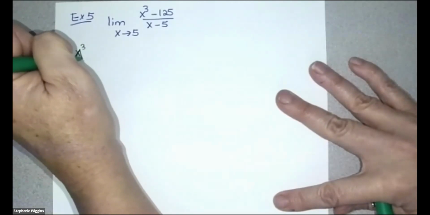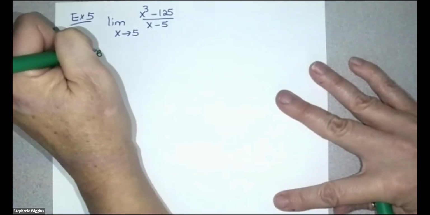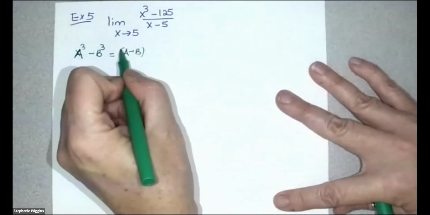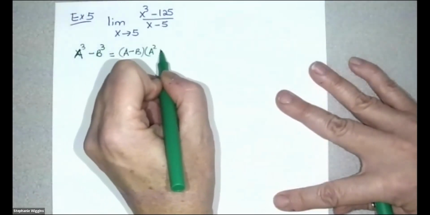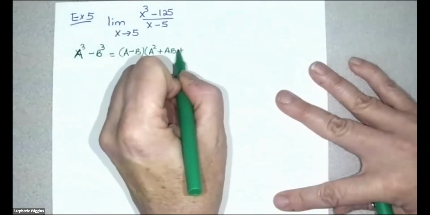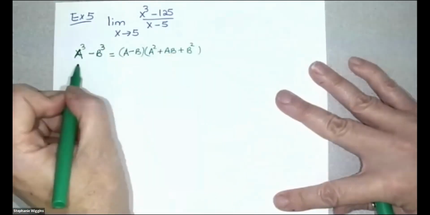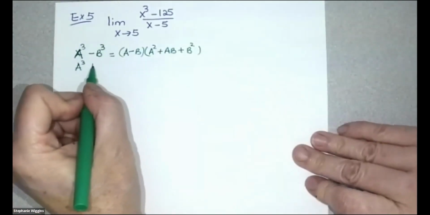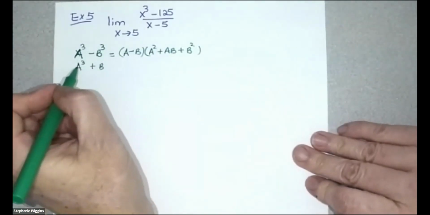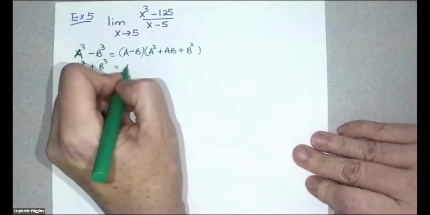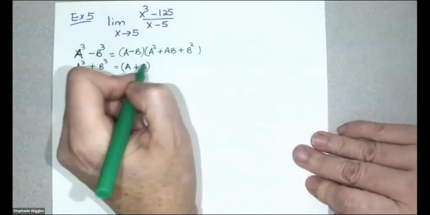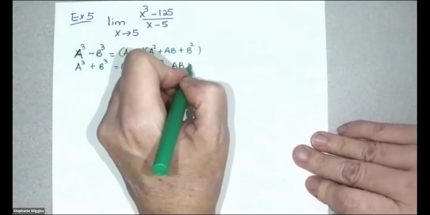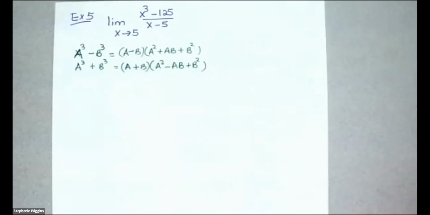Let me do a cubed minus b cubed. And that's a minus b times a squared plus ab plus b squared. And just as an added bonus, we don't need it for this problem, but as a reminder to you, if you run into it, a cubed plus b cubed is a plus b times a squared minus ab plus b squared.